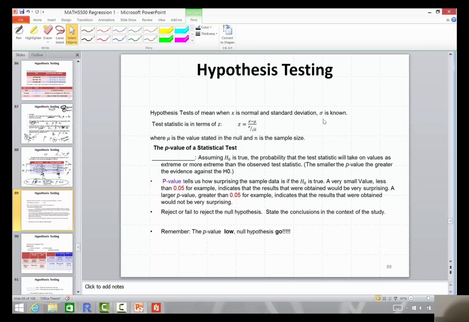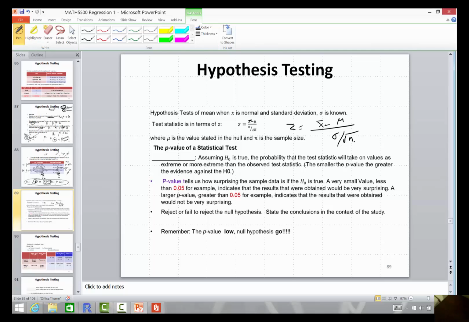If sigma is known, we have to use G. G is equal to x bar minus mu divided by sigma divided by square root of n. So this is the formula for G.